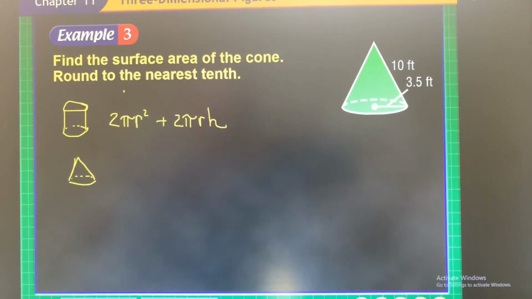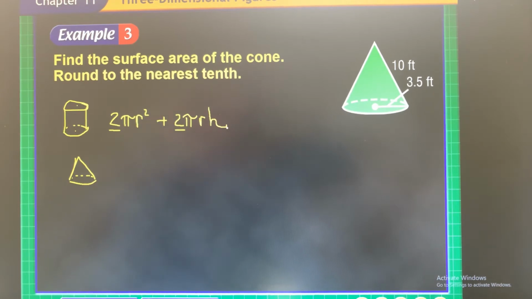Now I want you to remember that we multiplied by 2 because you have 2 bases that are circles, okay? And I kind of explained this one to you before. This is actually circumference of the circle times the height of the shape. But you don't need to know that. You just need to get this formula memorized now.